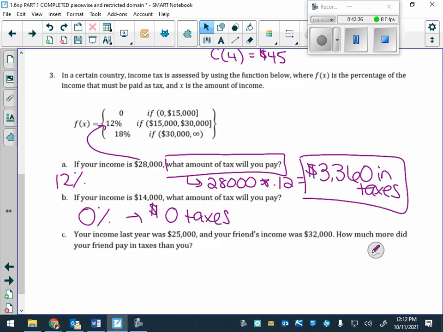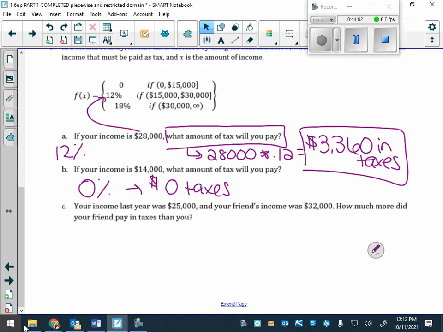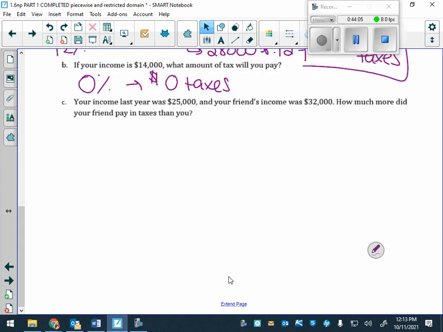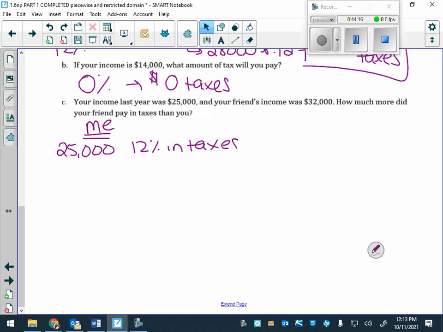C is a good one. Your income last year was 25,000, sorry. And your friend's income was 32,000. How much more did your friend pay in taxes than you? For 25,000, what percent would be used for me? 12. So for me, 25,000, 12% in taxes.